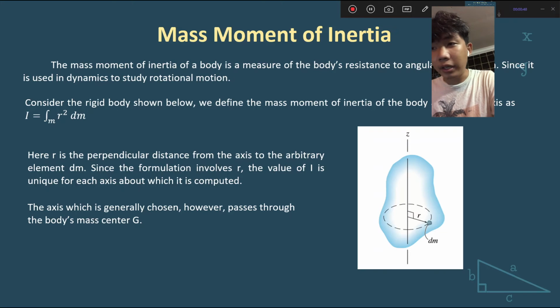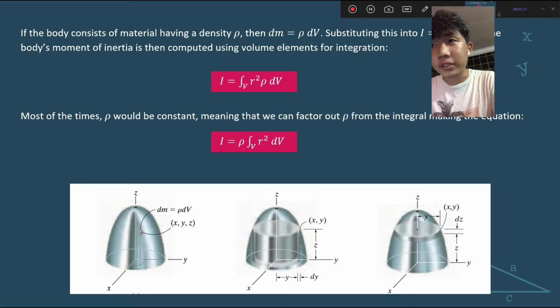Since the formulation involves r, the value of I is unique for each axis about which it is computed. The axis which is generally chosen, however, passes through the body's mass center G. If the body consists of material having a density ρ, then dm is equal to ρ dV.